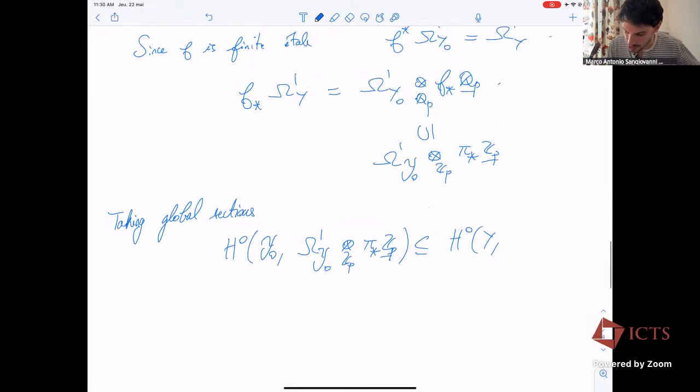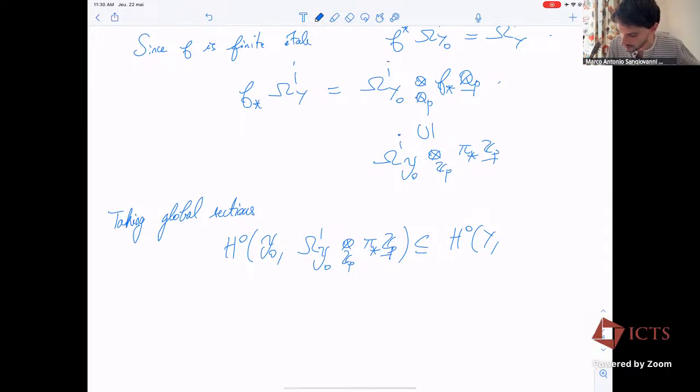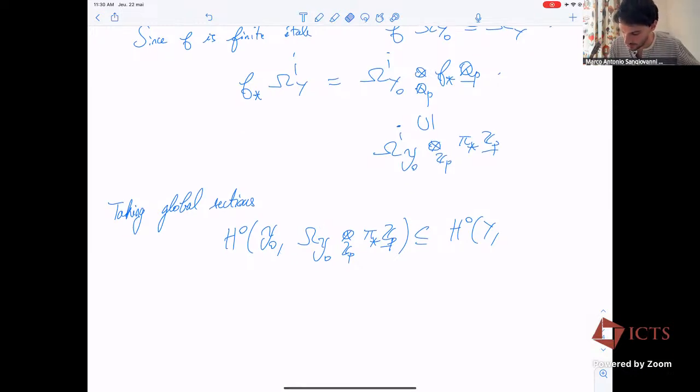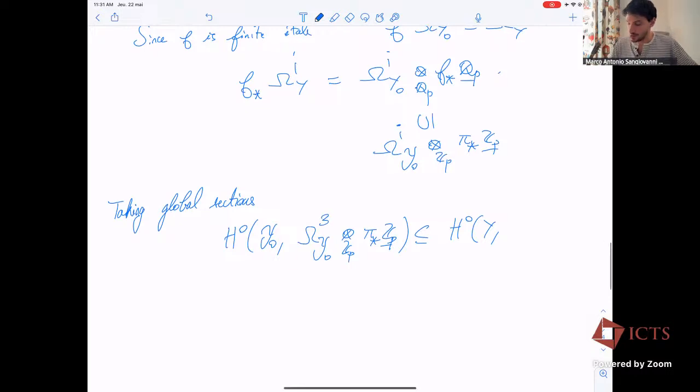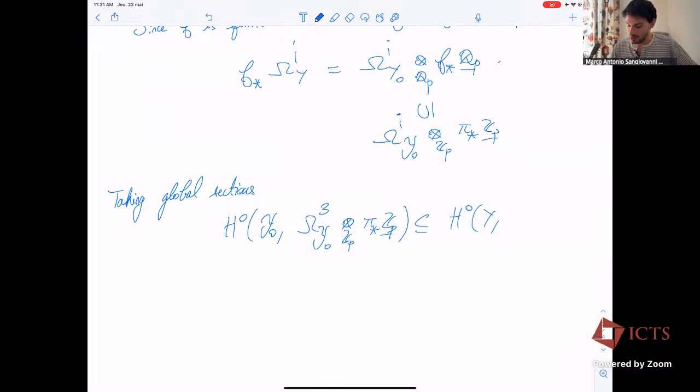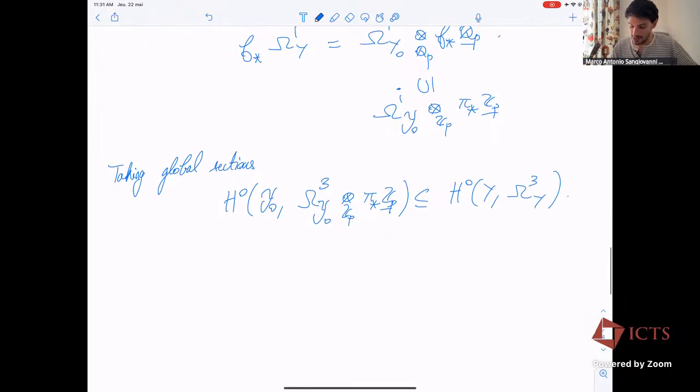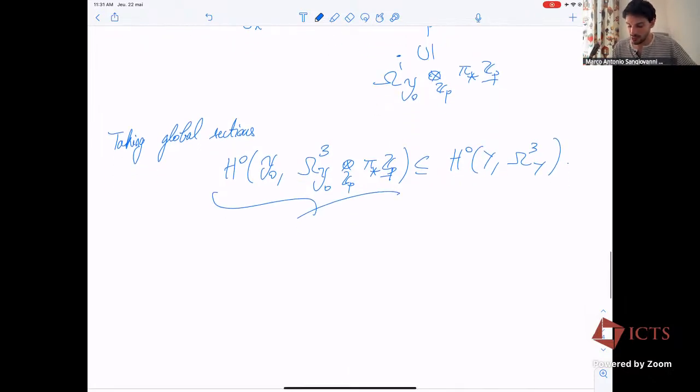Sorry, so here maybe I put an i, it's for any i, and here maybe I take a 3. So H0 of Y naught, omega 3 of Y naught, lies inside this, and this is, with a little bit of geometry, the Faltings lattice.